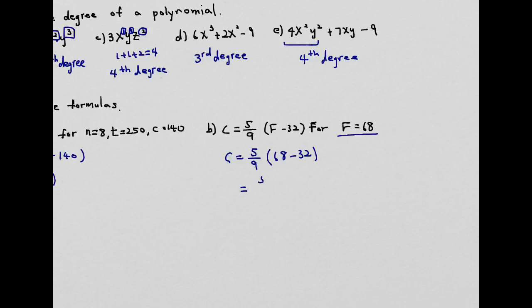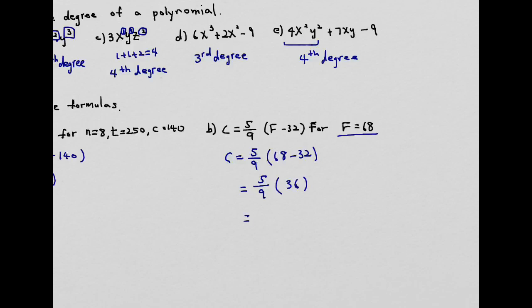So we do the inside grouping first. You're going to do 68 minus 32, so that you get 36. And then you do the multiplication. If you have a calculator, you can figure out 5 over 9 times 36. But let's say I don't have a calculator.